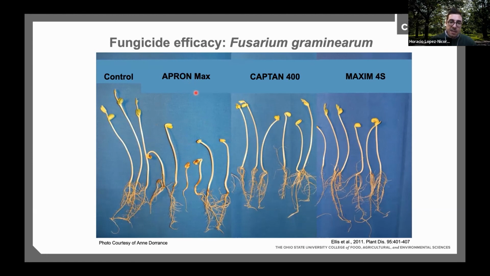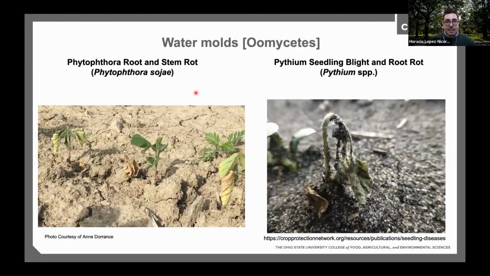And I think this picture leads us very well to our next topic, which is the water molds, right? The two most important water molds that we will encounter are Phytophthora and Pythium. They will cause a reduction in stand, pre- and post-emergence damping off.